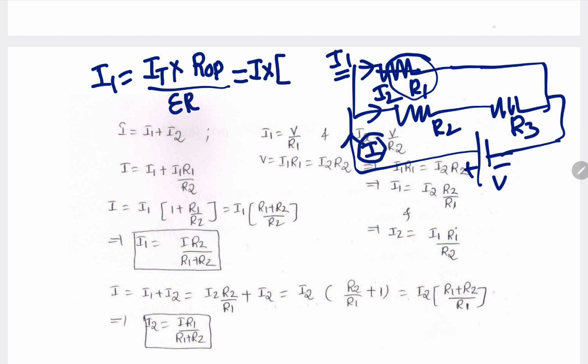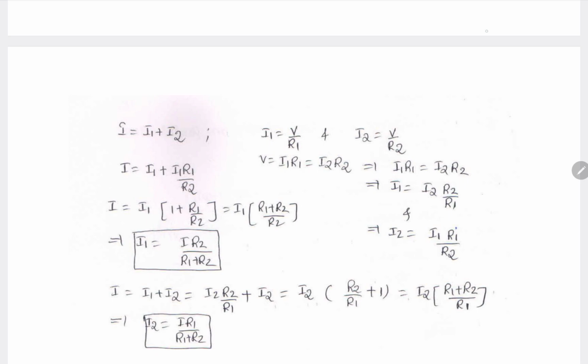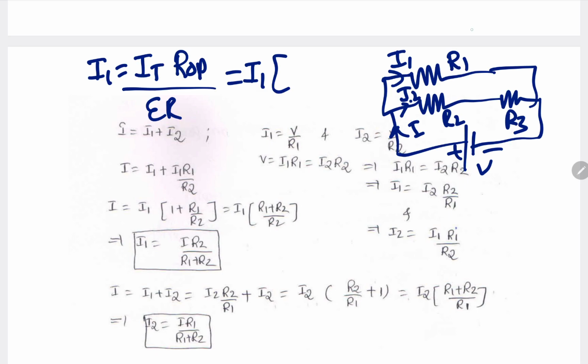To R1, what is the parallel branch resistance we want to find? Not only R2, the R2 and R3 series combination is in parallel with R1. Only R2 is not parallel with R1, and only R3 is not parallel with R1.